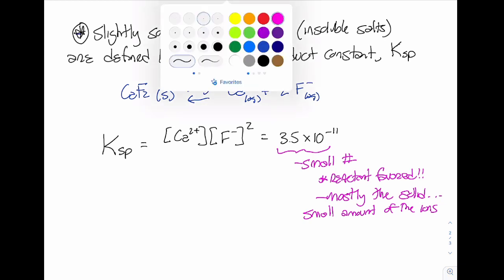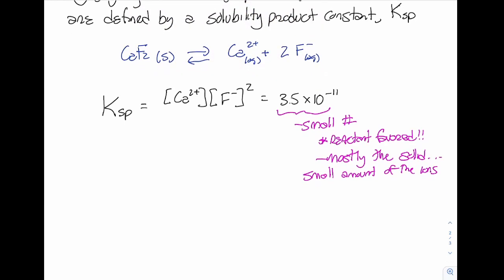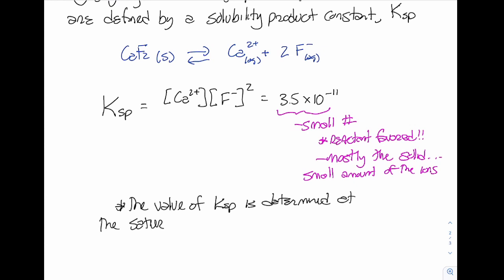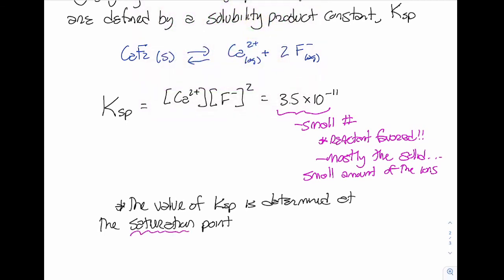The value of our solubility product constant for Ksp is determined at the saturation point, and that is probably important to note. Remember, a saturated solution is a solution that contains the maximum amount of dissolved solute.